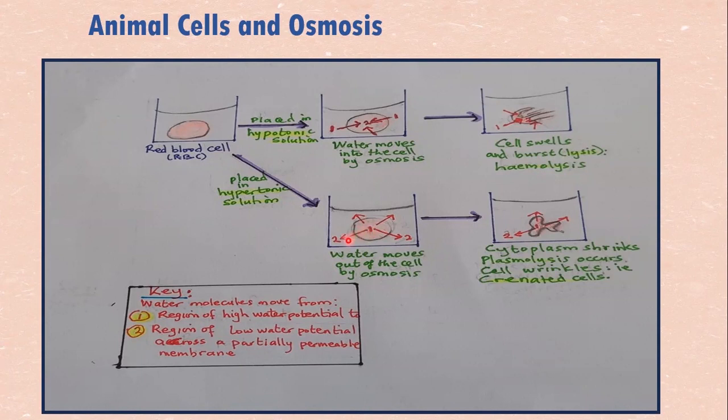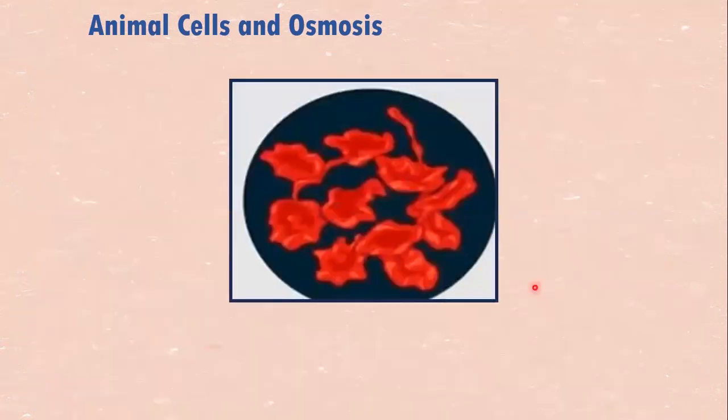So the water molecules keep moving out of the cell, and the cytoplasm shrinks. That is, plasmolysis occurs. When the cytoplasm is shrinking, the cell will be wrinkled, and the cells that have wrinkled are called crenated cells. And this is what happened, and we had this kind of situation.